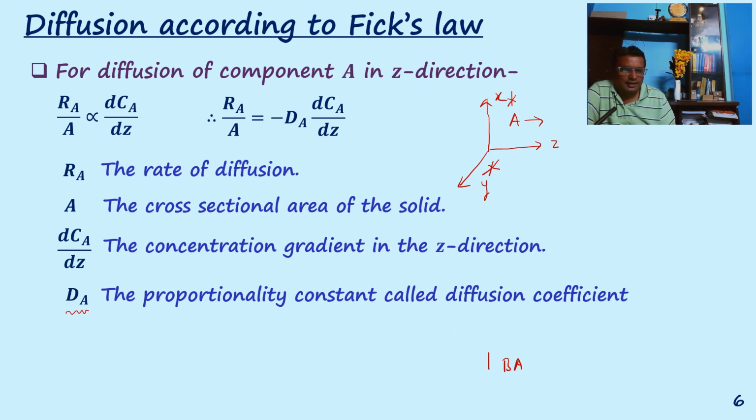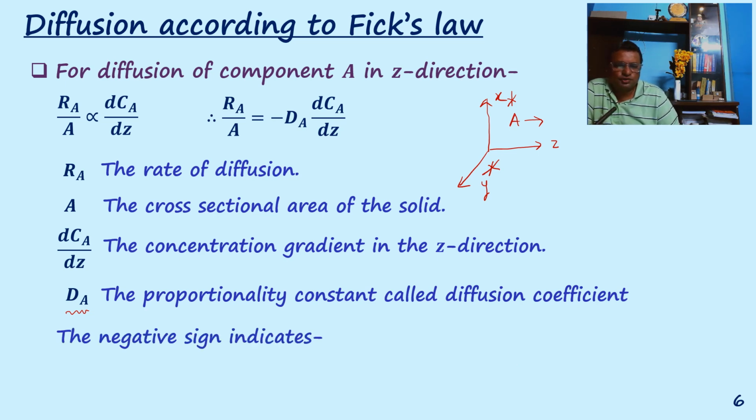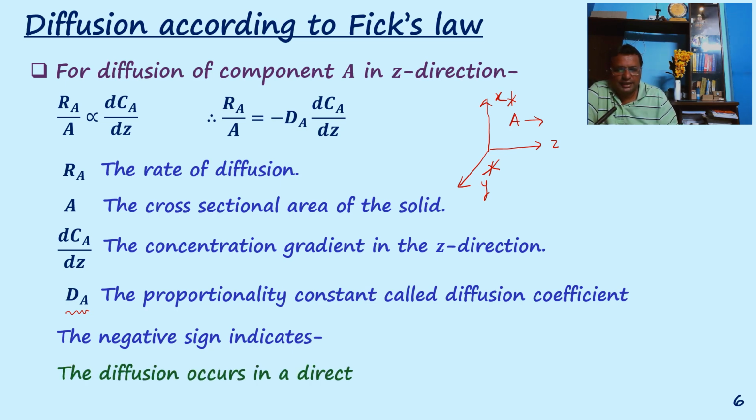Another important thing is we need to understand the significance of the negative sign. After knowing Fick's first law for molecular diffusion, you can easily tell the negative sign indicates that diffusion occurs in a direction of decreasing concentration.